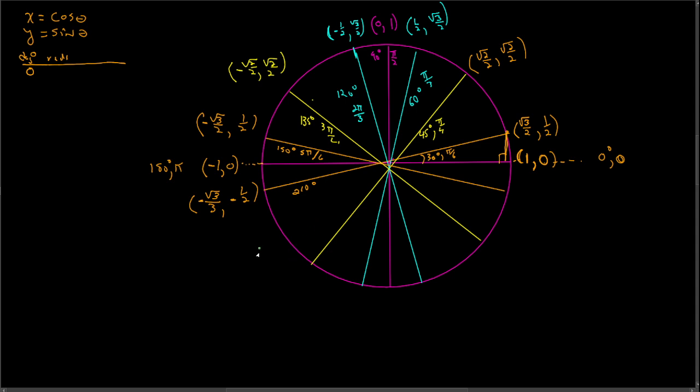Then I get to my 45-degree angle, even though I drew it a little wonky. And this is 225 degrees, or 5 pi over 4. Cosine is now negative root 2 over 2, and sine is negative root 2 over 2.